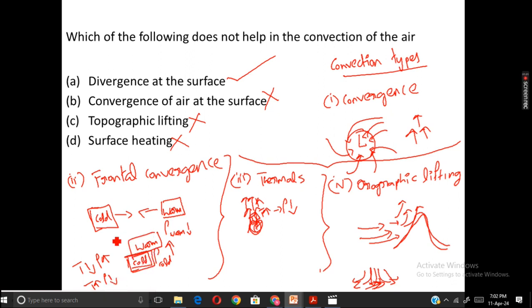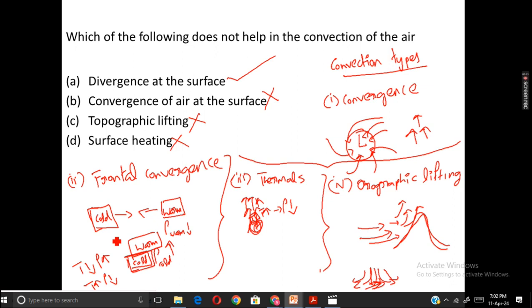When they meet, the warm air mass will be uplifted. That is basically known as Fresnel convergence. So when air masses of different temperatures meet each other, the cold air mass goes down and the warm air mass goes up. Then at that meeting point also convection happens.